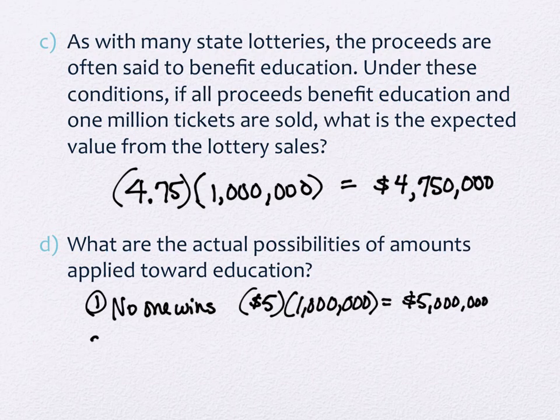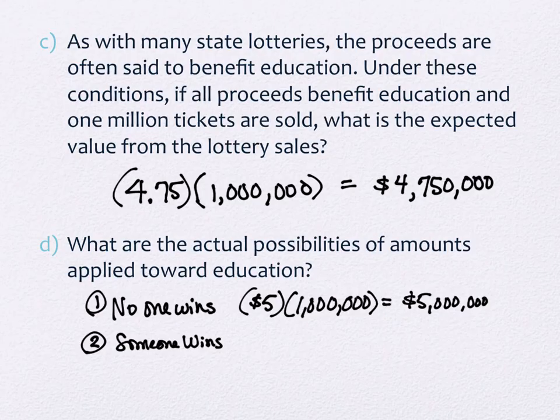Secondly, there's an option that says someone wins. Now you might say, well, can't you sometimes have multiple people win the lottery? They do, but when they do, they just split the jackpot. So it doesn't really matter if one person wins or a whole bunch of people win. The amount's still the same. Everybody good with that? Okay.